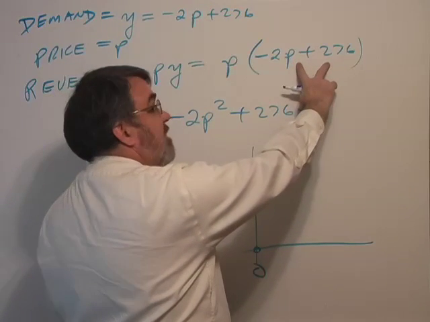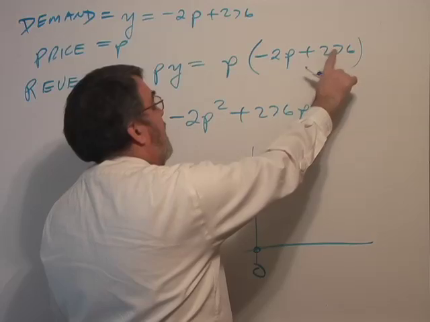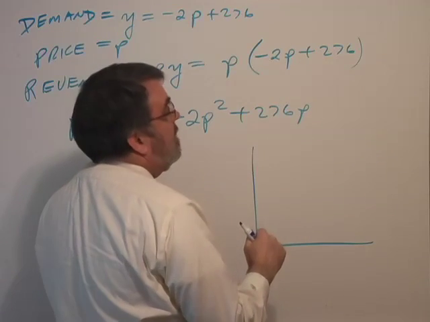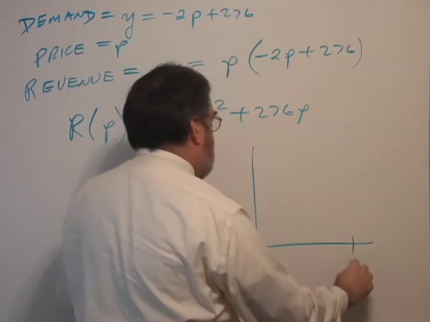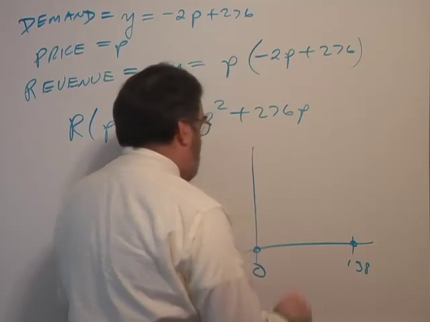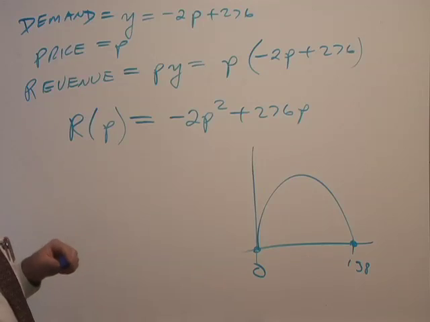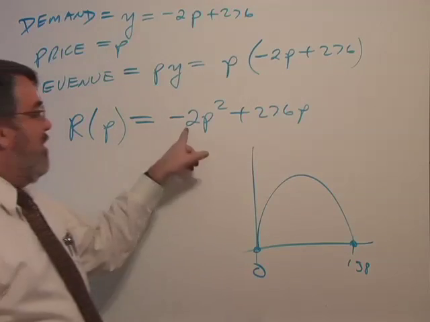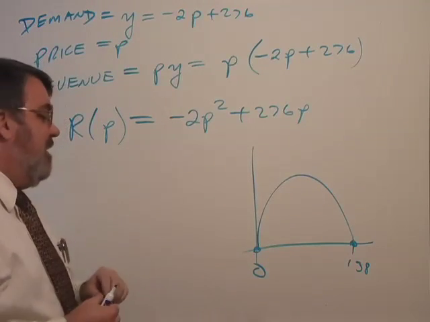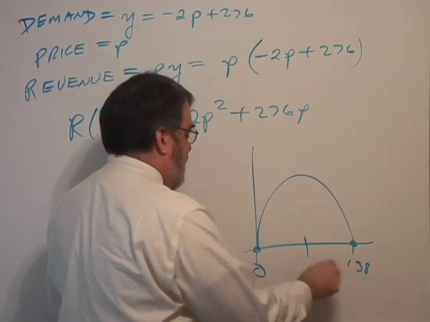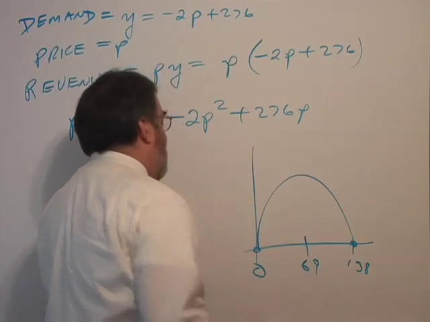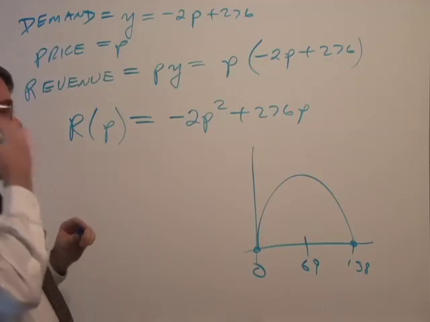And if I set this other factor equal to 0, P would be half of this number, 138. And so my revenue function looks like this. It's a quadratic, upside down, and the midpoint between 0 and 138 is 69. So that's my prediction, $69.